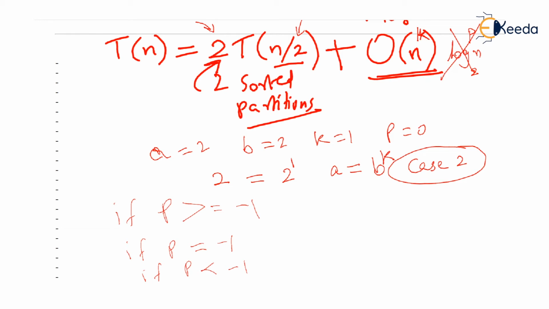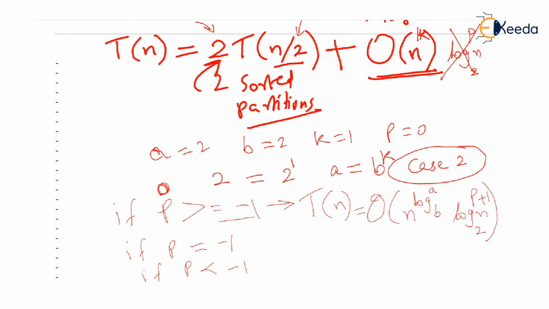And you will watch that we will use this subcase because p is 0 in our exercise. The log term is missing, so p is 0, which is greater than -1. And in that subcase, it was written that T(n) can be simply written as theta of n to the power log of a to the base b, multiplied by log raised to p plus 1 of n to the base 2.